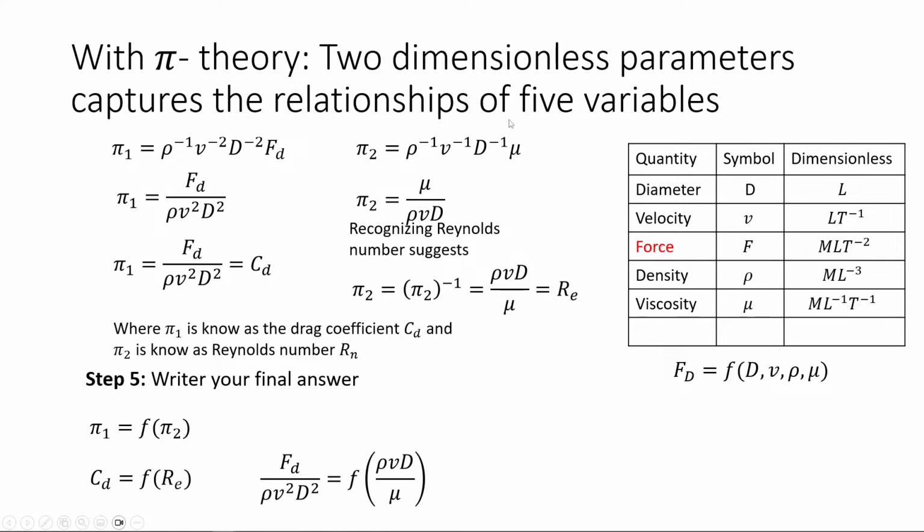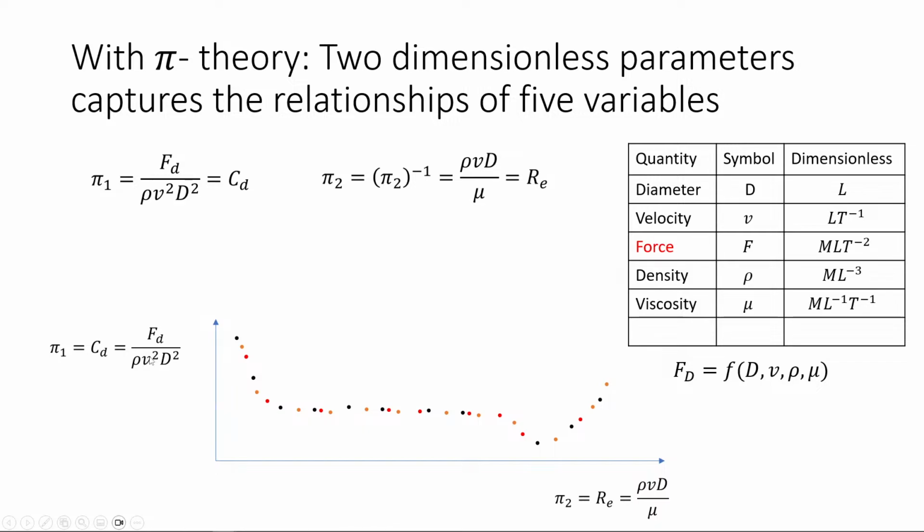And that's basically how I can make and report this experiment. If I want to make this experiment, I just report the drag coefficient as a function of Reynolds number, and that will capture all the variation in diameter, in velocity, in the density if I want to change my fluid, and the viscosity if I want to change the viscosity of my fluid.